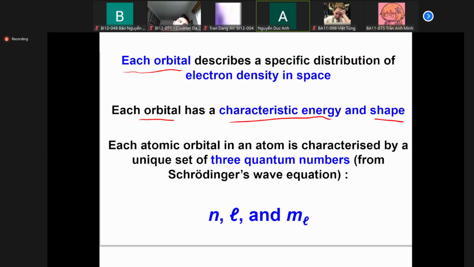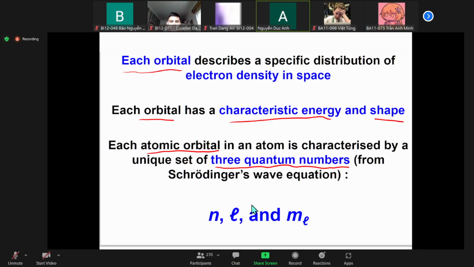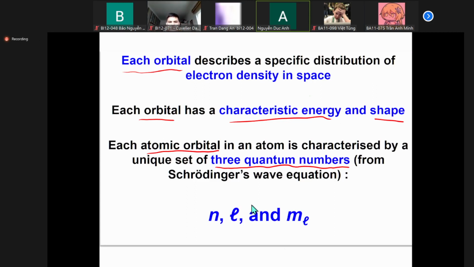So normally, orbitals in an atom are characterized by a set of 3 quantum numbers. Let me remind you: 3 quantum numbers, because in high school some of you will have studied that there are 4 quantum numbers. But the last quantum number is a little bit different, and it does not really come from the Schrodinger equation.